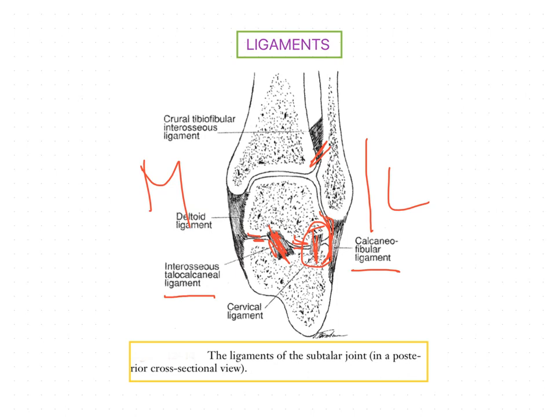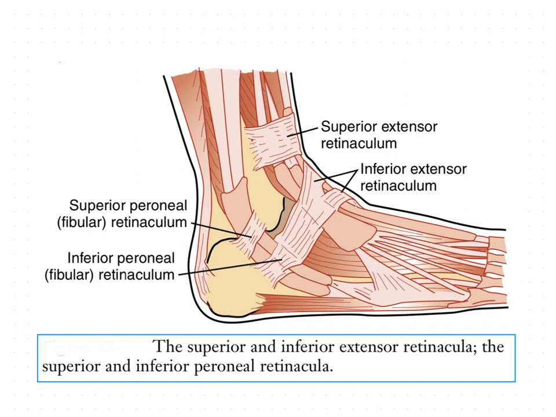And the divisions of the inferior extensor retinaculum. This extensor retinaculum you can also find here. Here this is the superior extensor retinaculum and inferior extensor retinaculum, and the superficial peroneal retinaculum on the lateral side and inferior peroneal retinaculum. These also give support to the ankle joint as well as the subtalar joint, but this retinaculum has more effect on the subtalar joint and little support on the ankle joint.